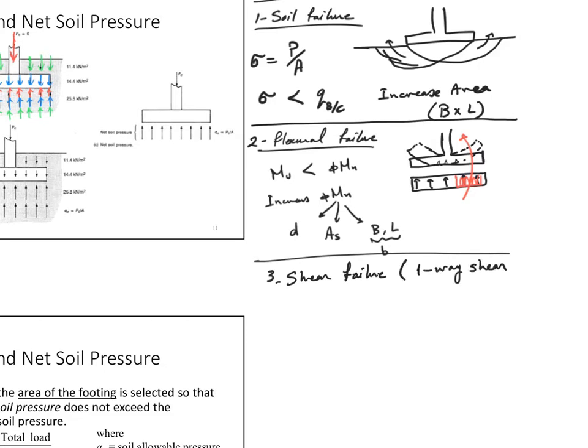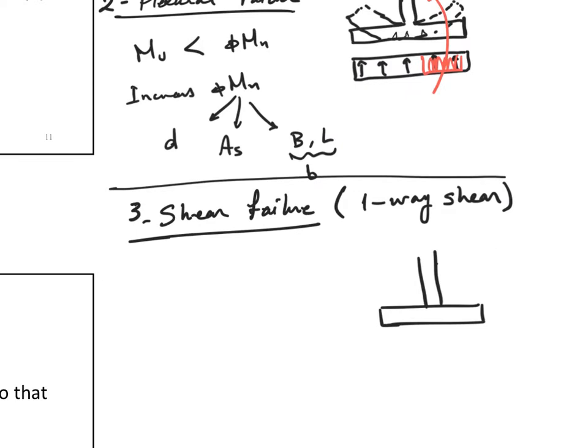One-way shear, because in footings, there's also something called the two-way shear. How does that happen? I simply have a footing that looks like this, and here's my column, right? Think about this shearing off and splitting. If this guy is split out here due to the big load here, as if this whole load is here, right?